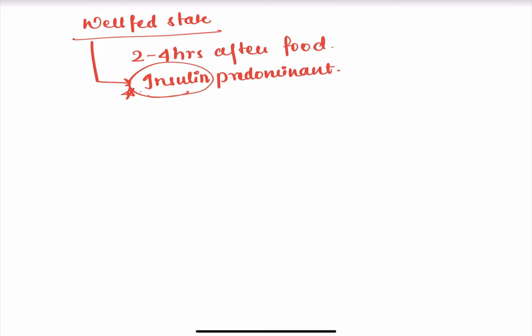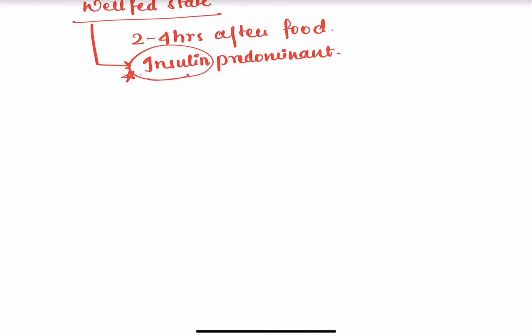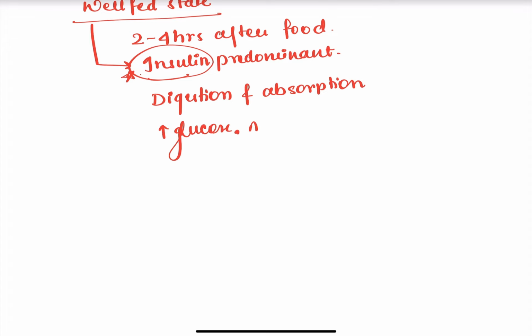Next thing is in well fed state, there is digestion and absorption of macronutrients. So, there will be a spike of increase in glucose, amino acids, fatty acids, and triacylglycerols.